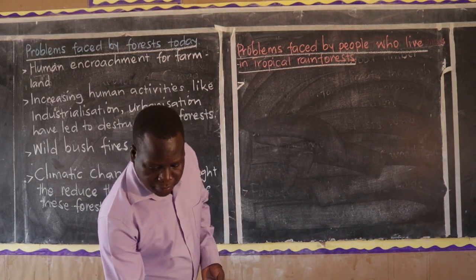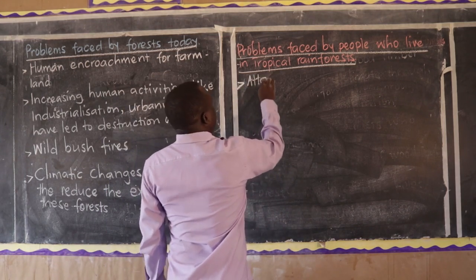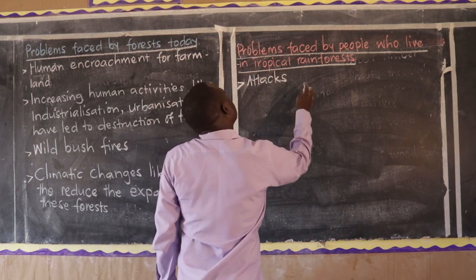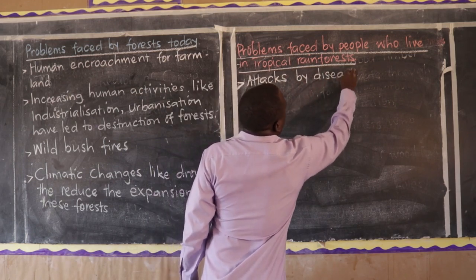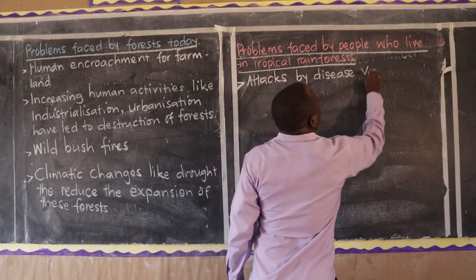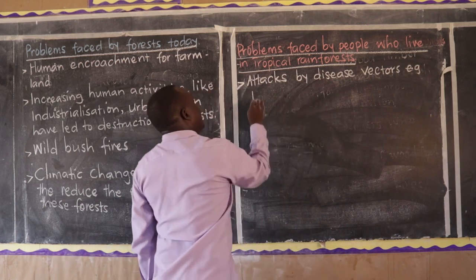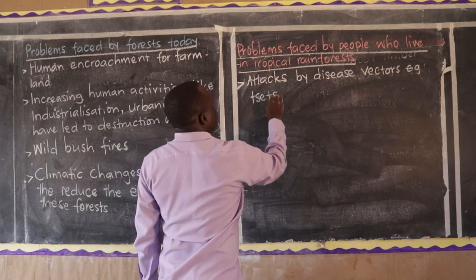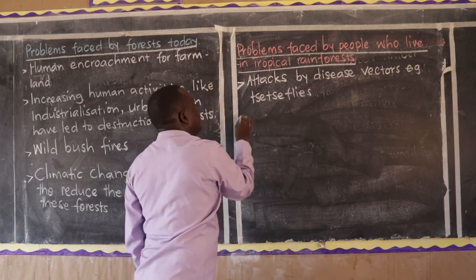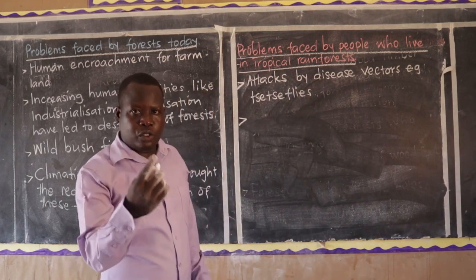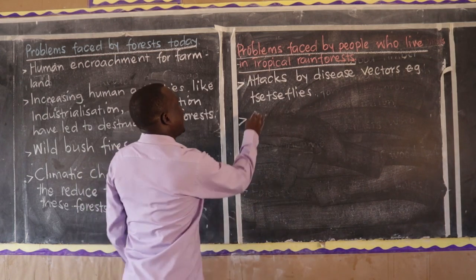So we are saying attacks by disease vectors, e.g. flies. If the forest provides a good habitat for those vectors, you can be attacked.